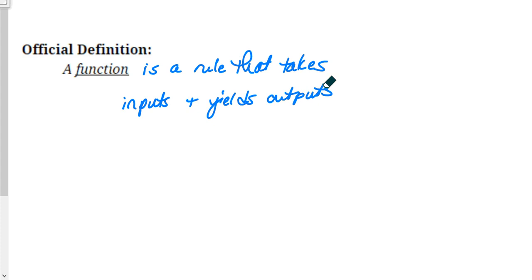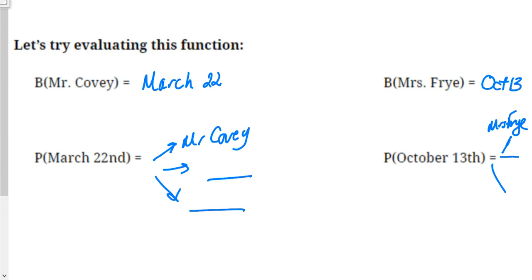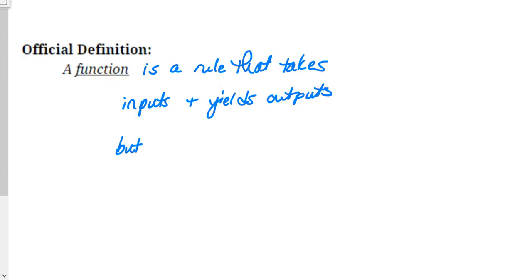Now here's the caveat. Each input, right, this was the issue. We want an input to give a specific output.